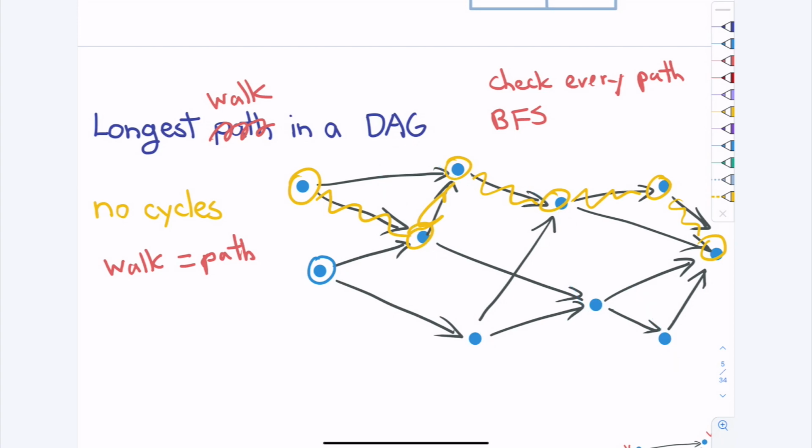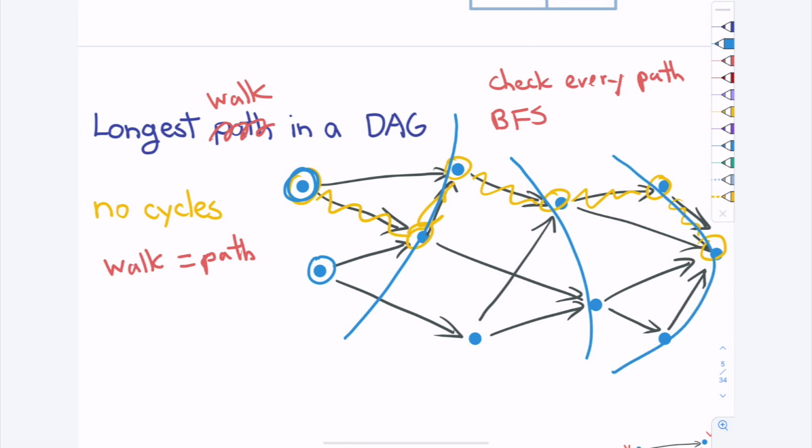For example, if I ran breadth first search from the starting vertex of what we think is the answer, it'll say, oh, these vertices are 1 hop away, and these vertices are 2 hops away, and these vertices are 3 hops away. In fact, it won't find our solution that we know.